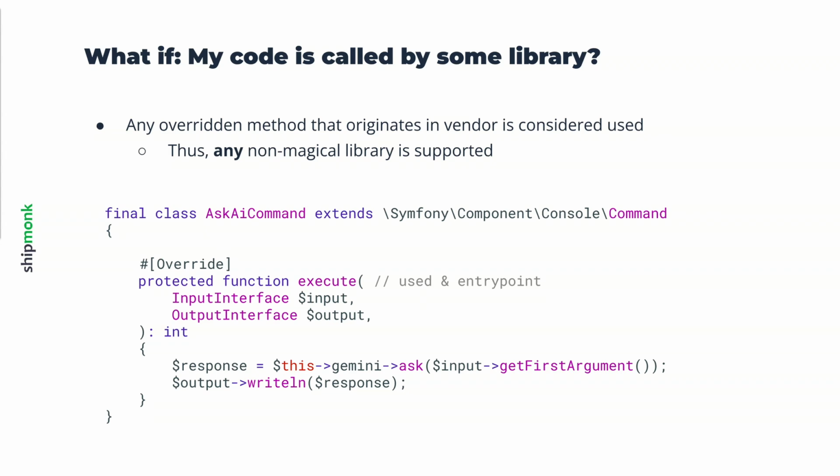Because when there is some interface in vendor and we implement that interface, it's supposed to be used in vendor. So we just mark those parts as used, and we transitively go starting from those. So that's the first part that suddenly in the real world helps with a lot of libraries, and it helps you with many false positives that would be there.